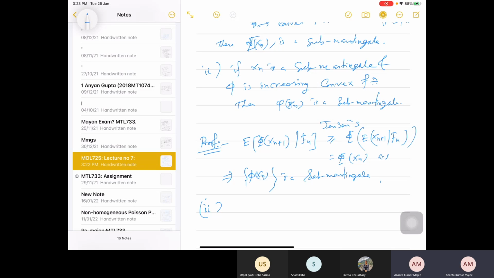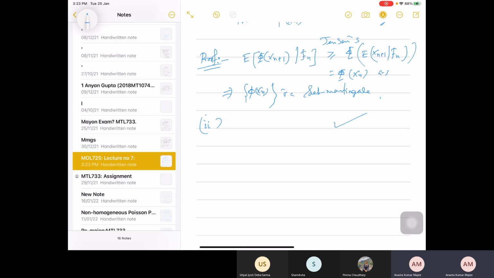Because the expectation of Xn plus 1 given Fn is greater than or equal to Xn almost surely, since it is a submartingale, if we apply phi, this is greater than or equal to phi of Xn, because phi is increasing. Now use Jensen's inequality from there, and you have this part. So for the submartingale case, if phi is an increasing convex function, then we have this result. Okay, so we have completed this proof. It is nothing.